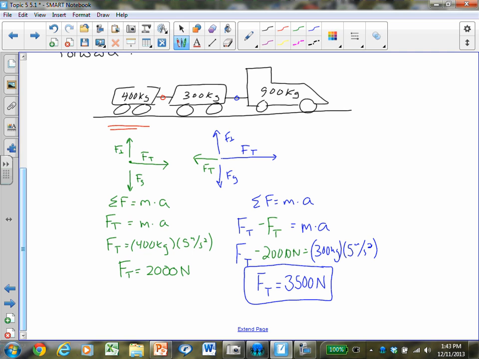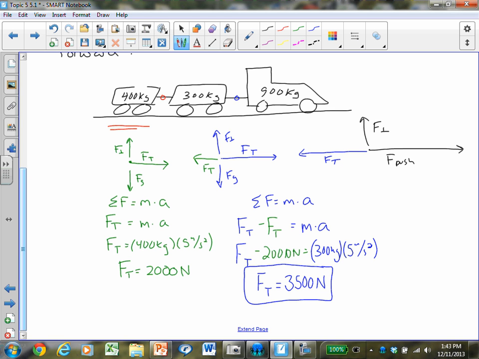How much now is the engine getting pushed forward? Well, that push force comes from friction between the tires on the track and the engine. It pushes that way, but we still have the Ft from before pulling backwards on it.